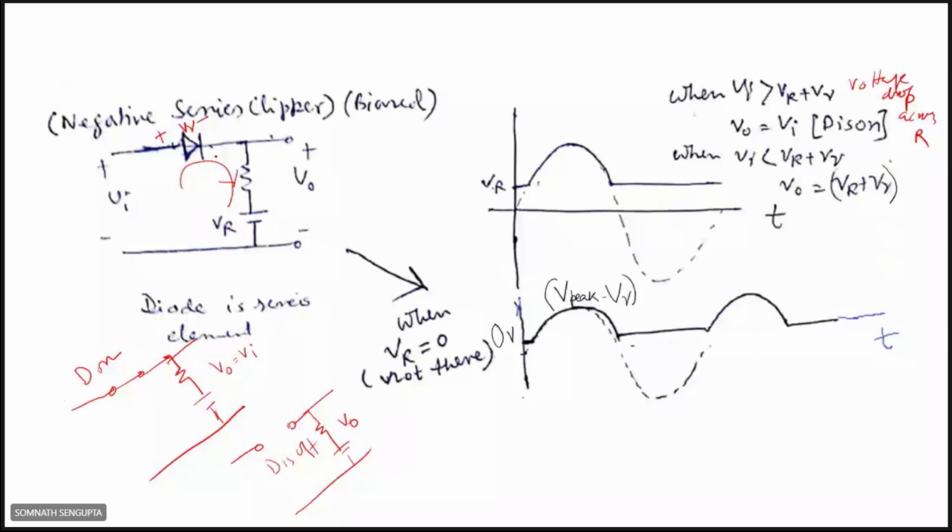So the peak voltage will be V peak minus V gamma in this case. But the baseline is 0 volt; it will lie on the axis. It will not go below the axis, there will not be any dip.